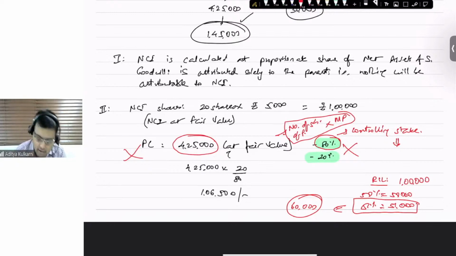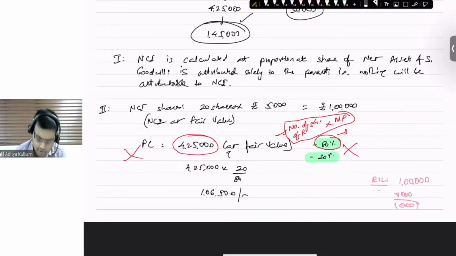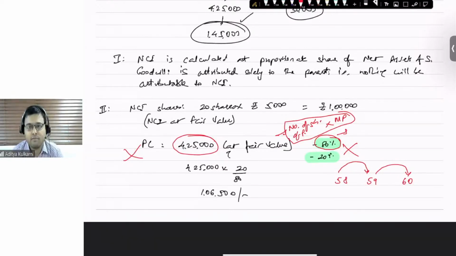To give another very relevant comparison, in your exam you reach 59 in your total and you are very close to 60. Do you think the hard work required for getting from 59 to 60 is the same as moving from 58 to 59?